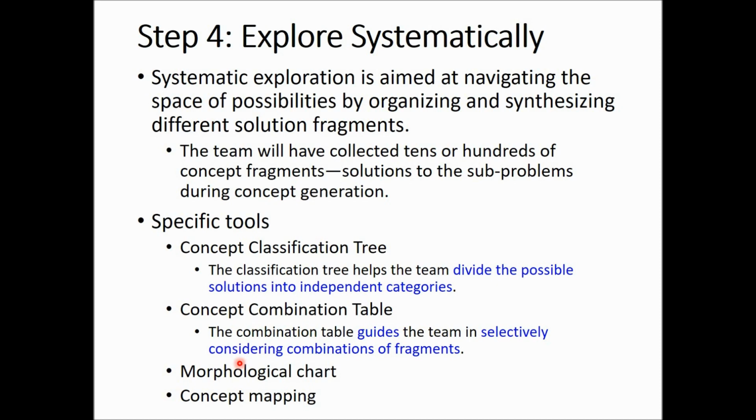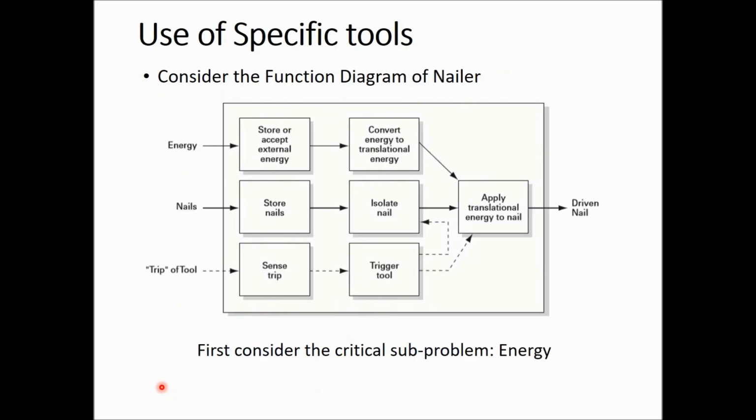I'll show you with an example. And there's another tool called the concept combination table that helps us to selectively consider combinations of fragments or combinations of different sub-functions. And there's another tool called the morphological chart and concept mapping. So you could use these techniques to decide on what concepts you could consider in implementing these sub-functions.